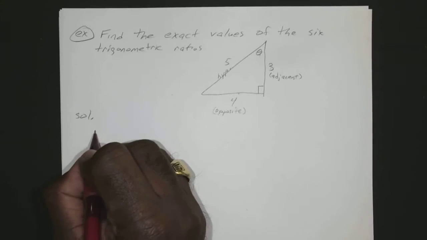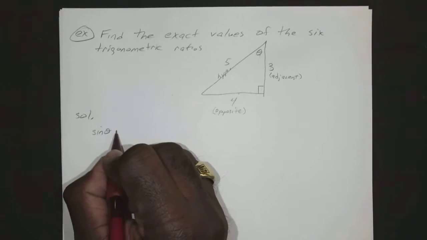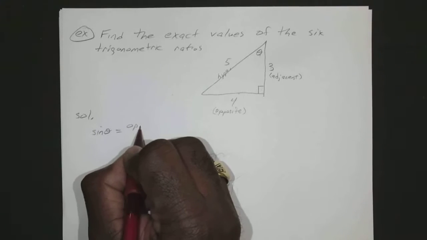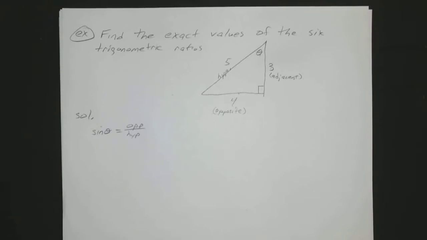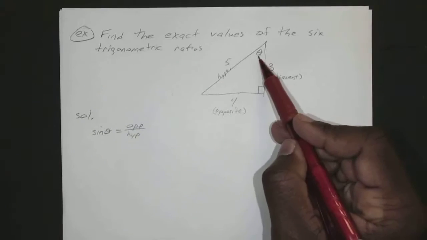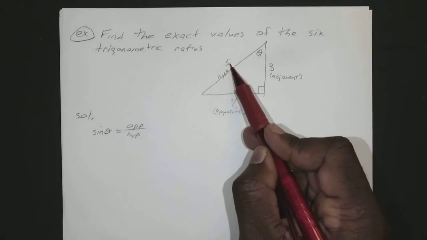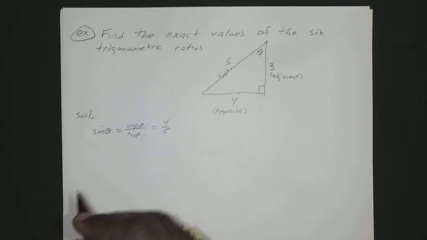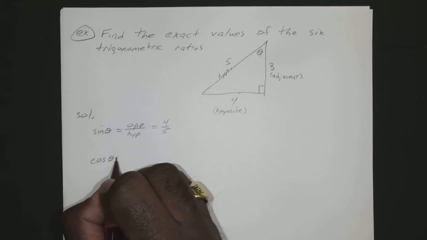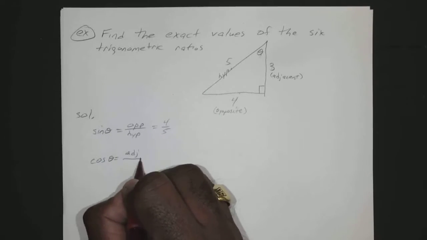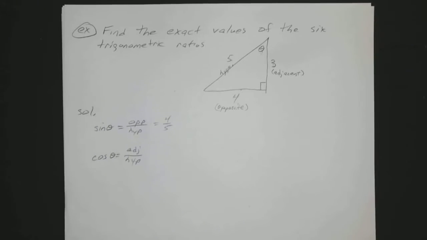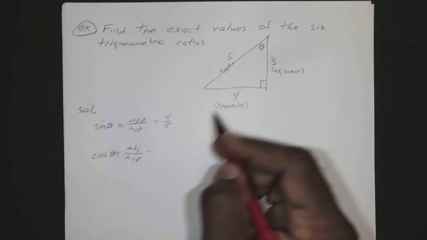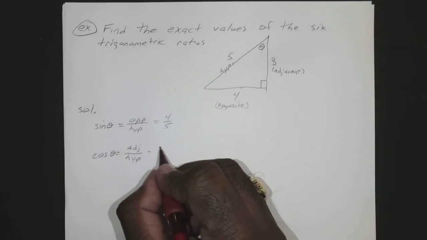Okay? So if sine of theta is equal to opposite over hypotenuse, then you have 4 over 5. Our cosine of theta is equal to the adjacent over hypotenuse, which is 3 over 5.